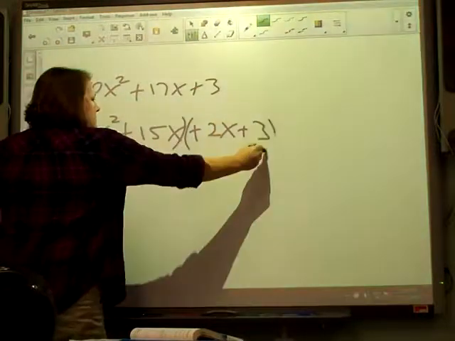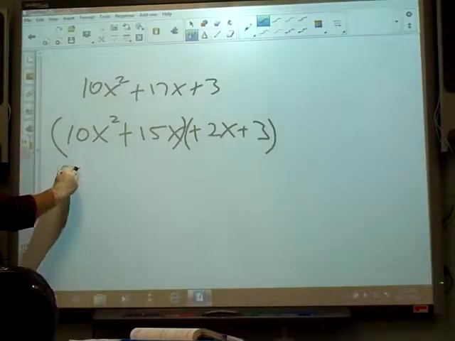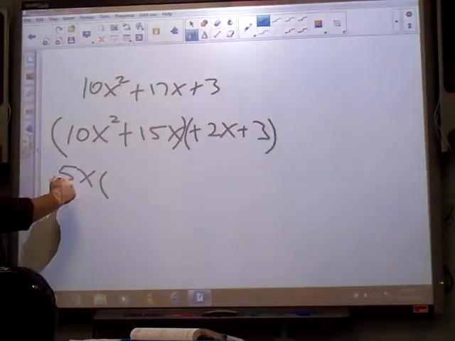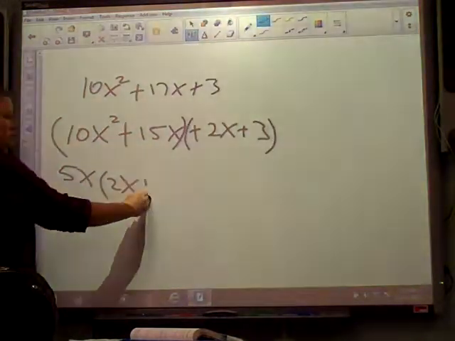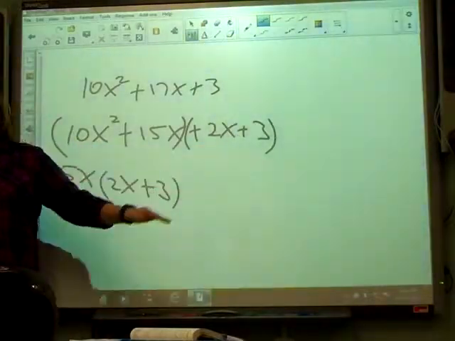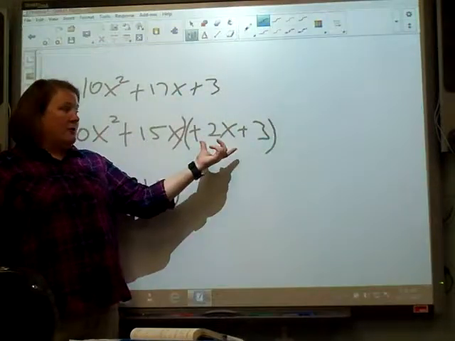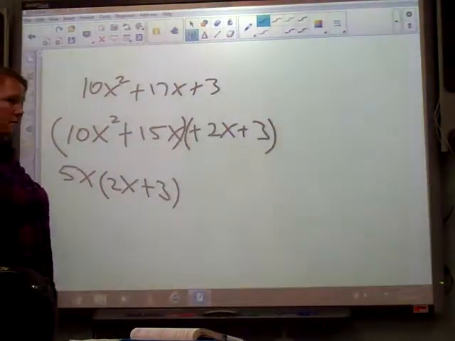2 by 2. GCF of this group. 5X. Good. I always forget that. 10 divided by 5 is 2. X squared divided by X is X. 15X divided by 5 is 3. That's what you already got there. I don't want to change this. The only thing I can take out is a 1.